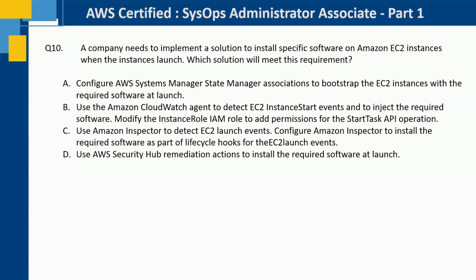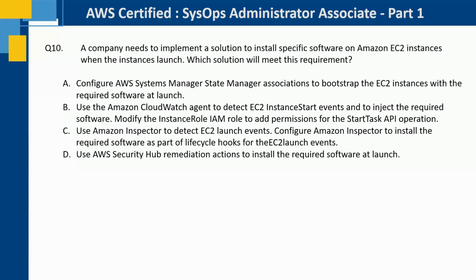Use Amazon Inspector to detect EC2 launch events. Configure Amazon Inspector to install the required software as part of lifecycle hooks for the EC2 launch events. Use AWS Security Hub remediation actions to install the required software at launch.